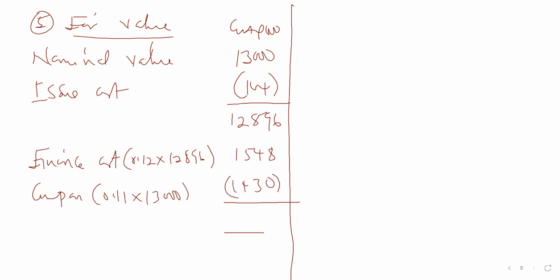So what will now be the liability figure? 13,014. This is supposed to be the figure that we should have for the preference shares.